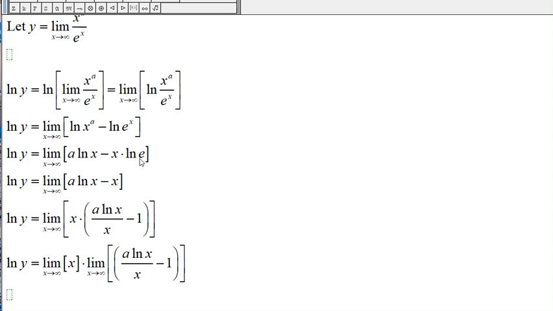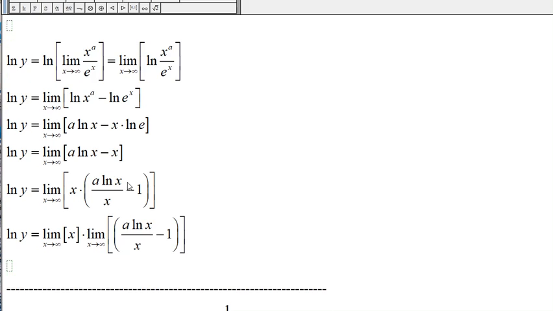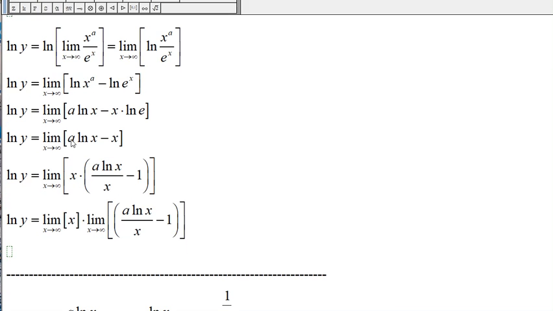The natural log of e is 1, so we just get x. And now let's rewrite the expression a times ln of x minus x as x times a times ln of x divided by x minus 1.